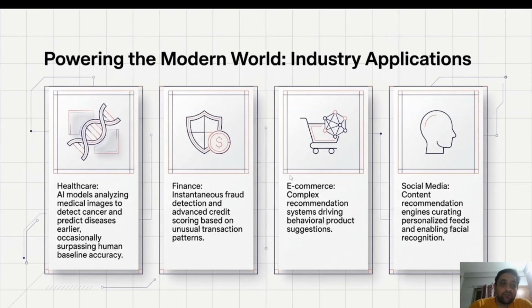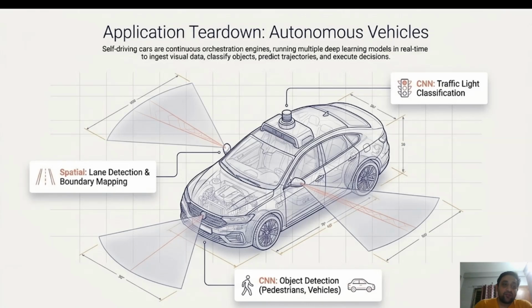Let's do a full teardown of one of the most complex real world applications of deep learning, the self driving car. A self driving car is not running one AI model, it's running multiple deep learning models simultaneously, each specialized for a different task, all coordinated in real time. CNN object detection.